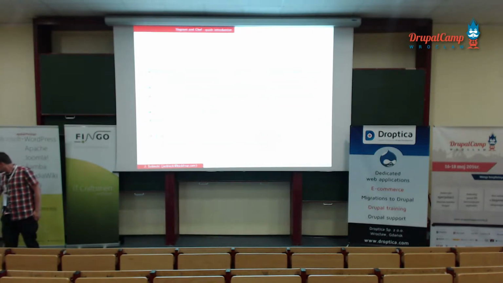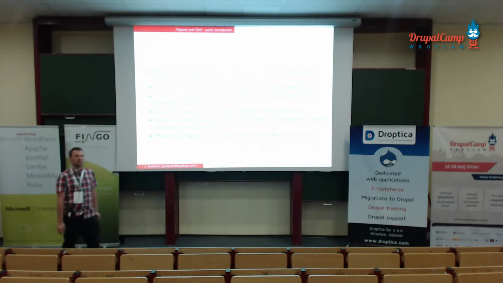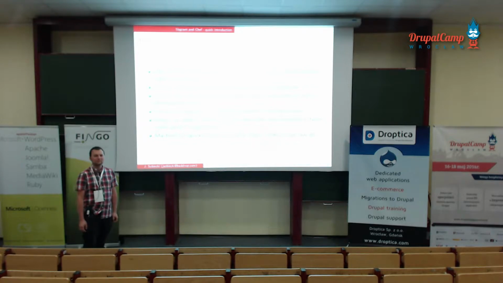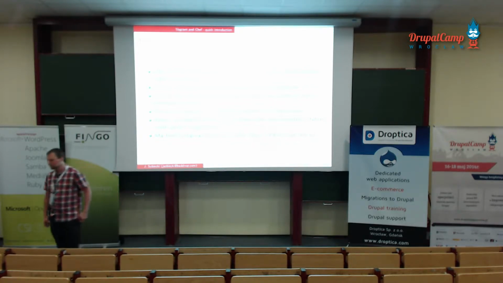Okay, so it was a very quick introduction to Vagrant and Chef. Do you have any questions about it? I have maybe one question, just wanted to ask that if someone is starting to use Vagrant, since it's a command line interface, it's a bit difficult at first to find out what exactly is going on.